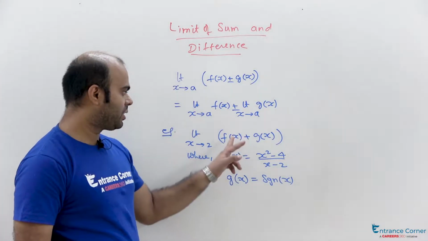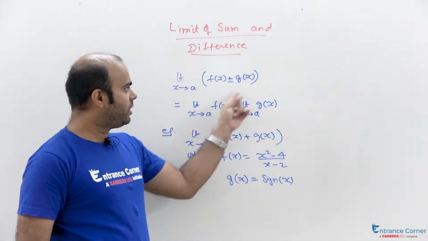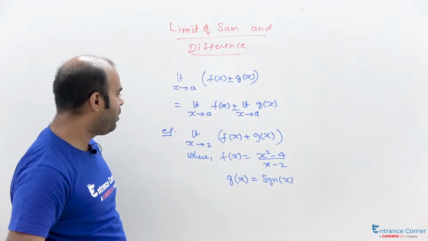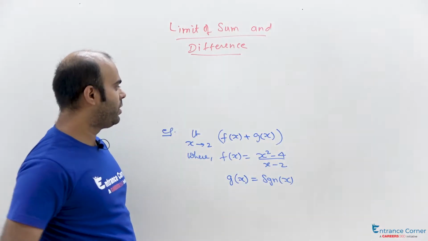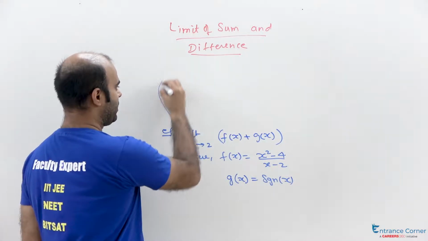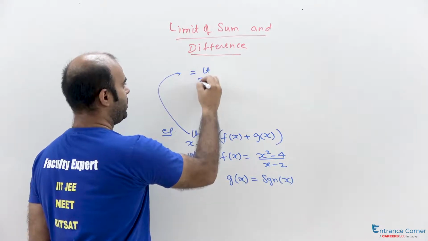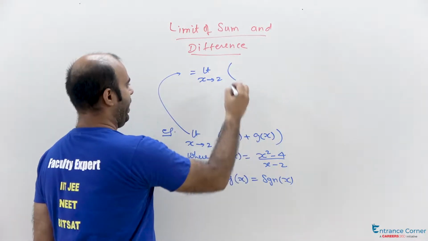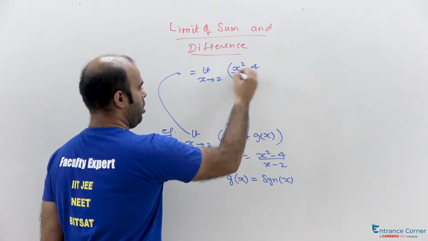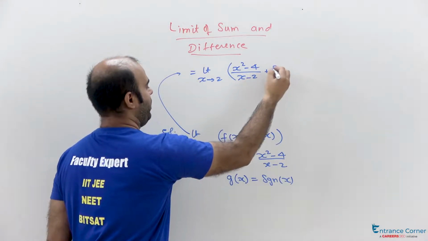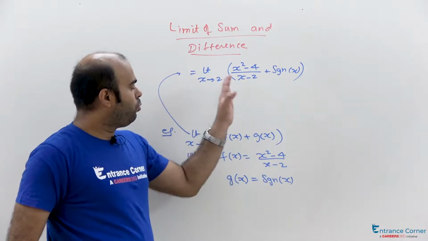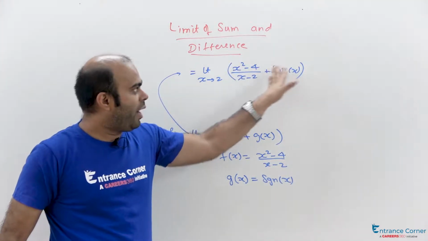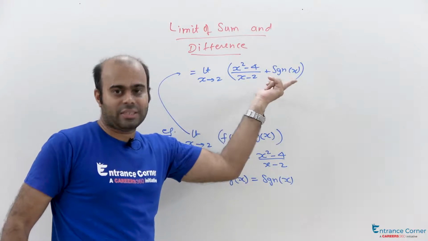Then if we follow this procedure and find the value of the limit as x tends to 2 of f(x) plus g(x), this will give the limit as x tends to 2 of (x square minus 4) on (x minus 2) plus signum of x. Now if we want to find the value of these two additions, we can't find it as such.